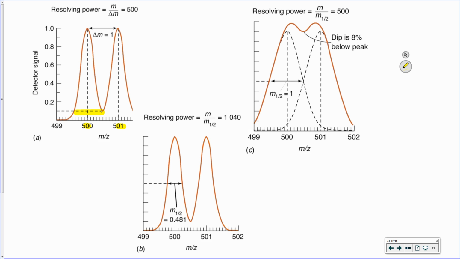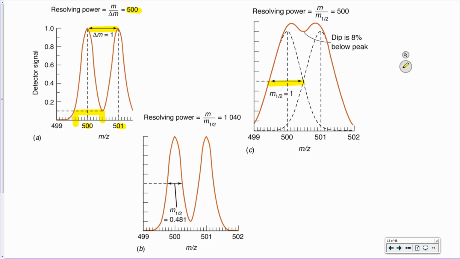So they measured the width at 10% height. You had a delta of 1, which is the same as the width down here, and divide that into 500 and you get 1. Now here's another person's definition of resolution of 500, but with their instrument, they measured the peak width at half height.